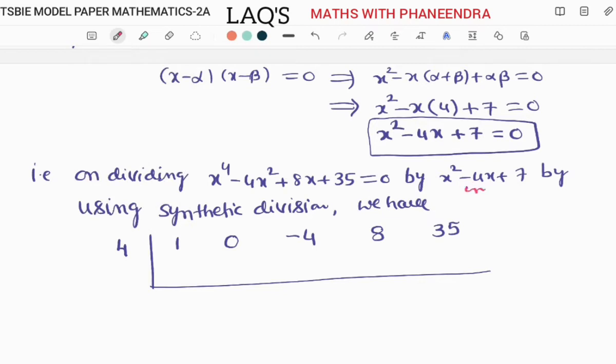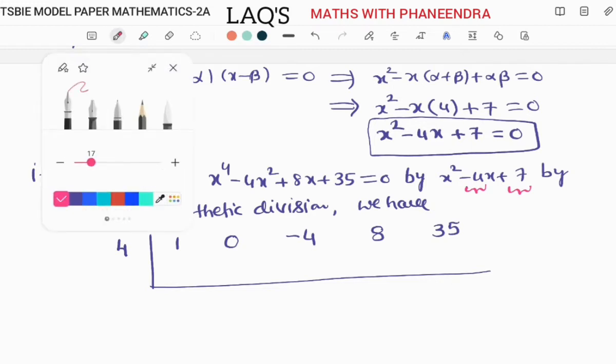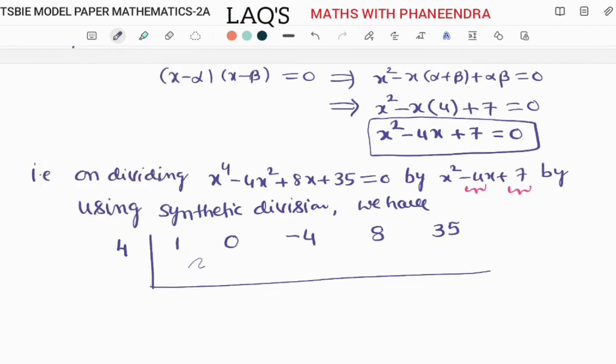Here minus 4 is there now, so that's why plus 4 we are doing, dividing. In the next step again we will do that synthetic division. Here plus 7 is there now, so minus 7. So here 0 anyway we will put, 1 plus 0 is 4. After that, 4 into 4, 16.